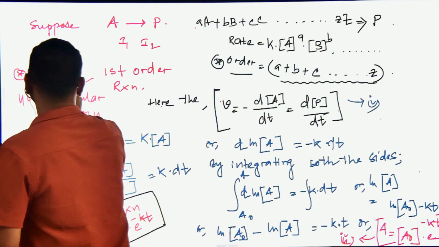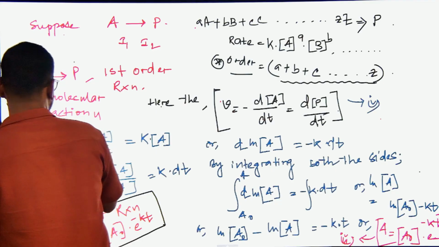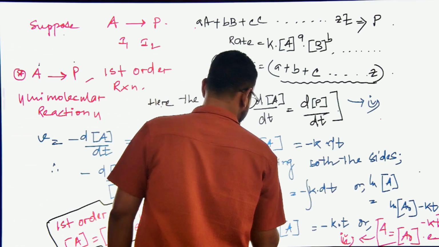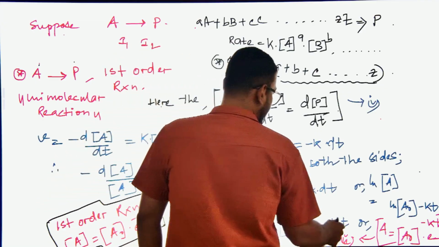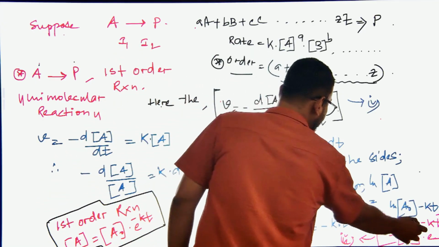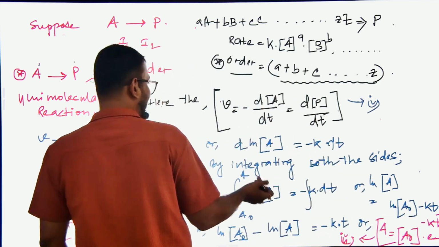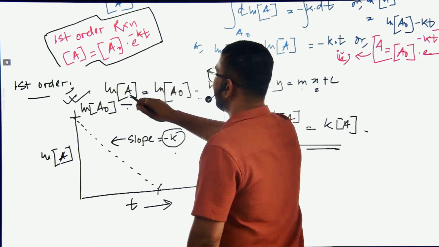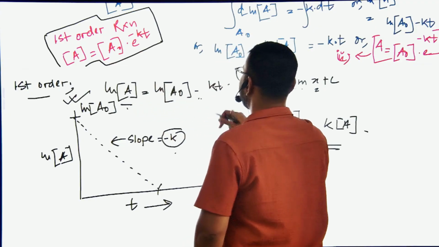See over here, A to P. So V equals dA by dt equals K, we are integrating it and finally receiving A equals to A naught into e to the power minus kt. Now this can also be rewritten as ln A equals to ln A naught minus kt.